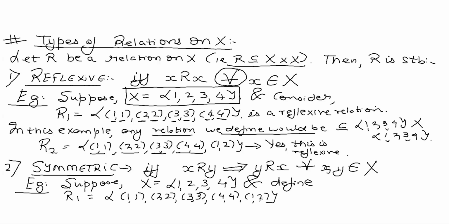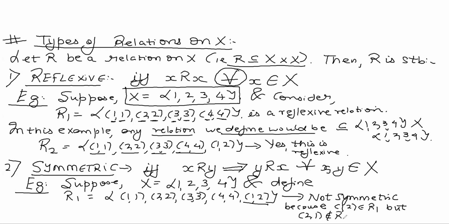Yes. We know why it's reflexive, because (1,1), (2,2), (3,3), (4,4) all belong to R1. Is R1 symmetric? Not symmetric. Why? Because (1,2) belongs to R1, but (2,1) does not belong to R1. That is why this relation is not symmetric.